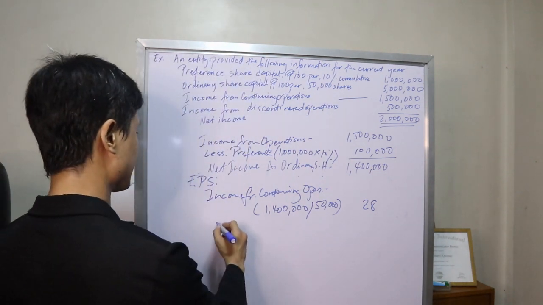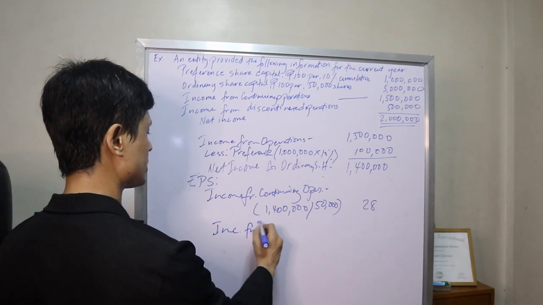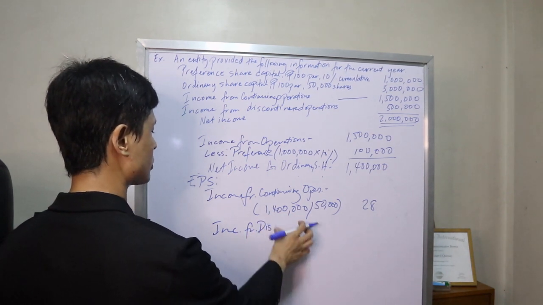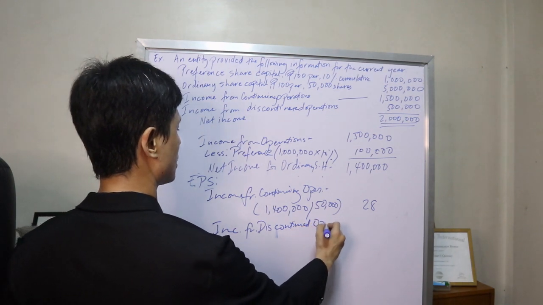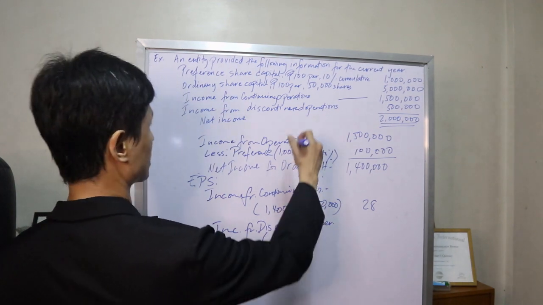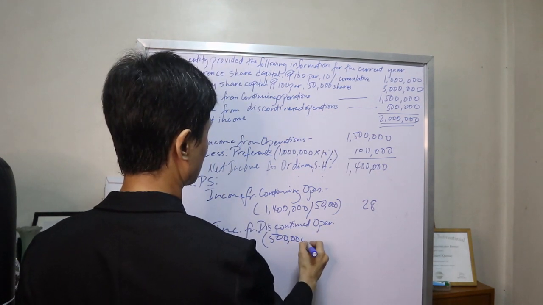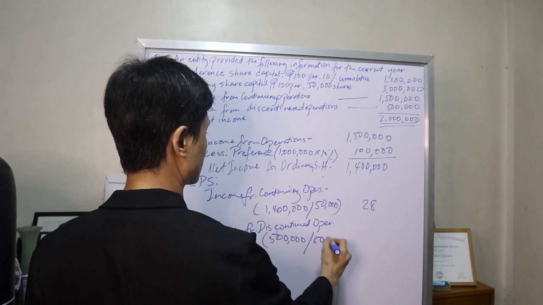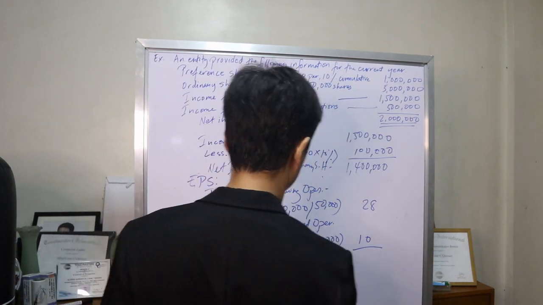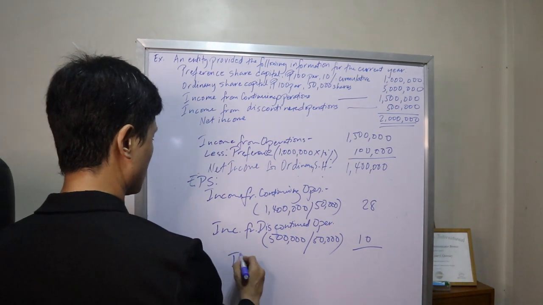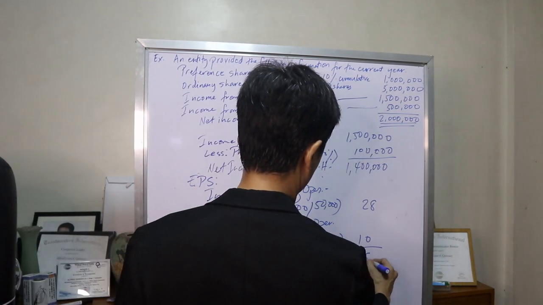So the next one is yung income from discontinued operations. Okay, so the computation here is 500,000 divided by 50,000 yung number of ordinary shares. So this would be 10. So yung total na niya, the total EPS or earnings per share would be 38.